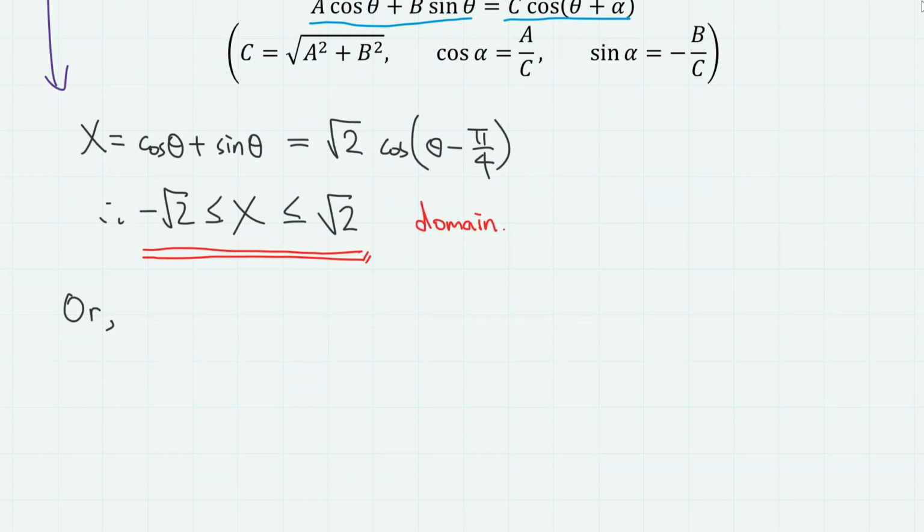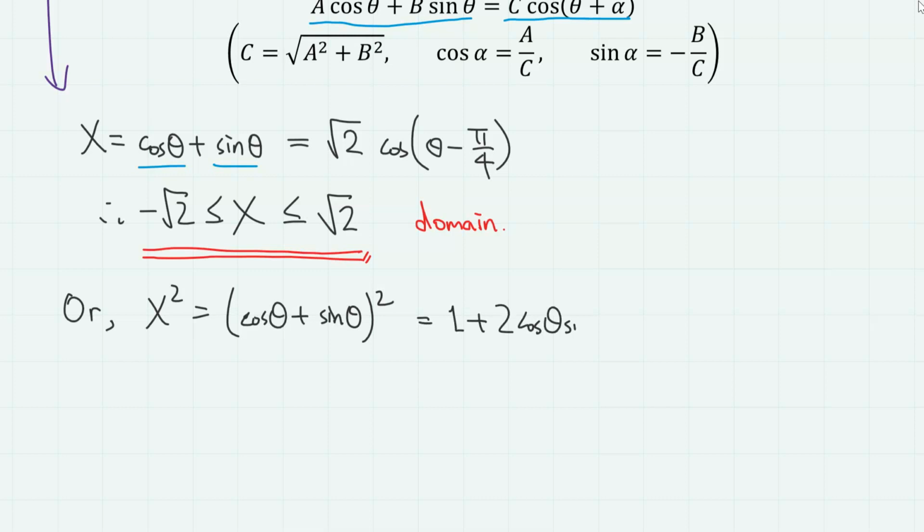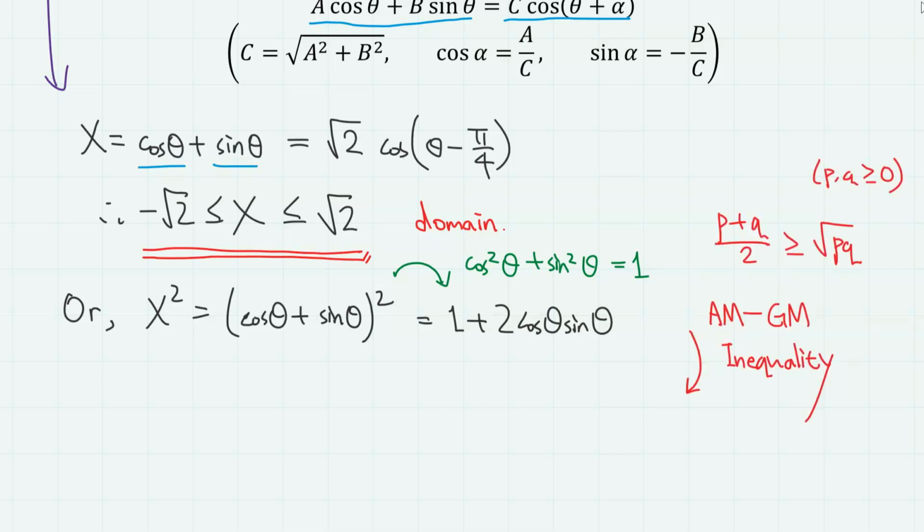Or, in our case where the coefficients of cosine theta and sine theta are equal, we can just square the expression for x to obtain 1 plus 2 cosine theta sine theta, by using cosine squared theta plus sine squared theta equals 1, and by applying the previously used arithmetic mean geometric mean inequality, this expression is less than or equal to 1 plus cosine squared theta plus sine squared theta, and again this is 1, so we have 2.